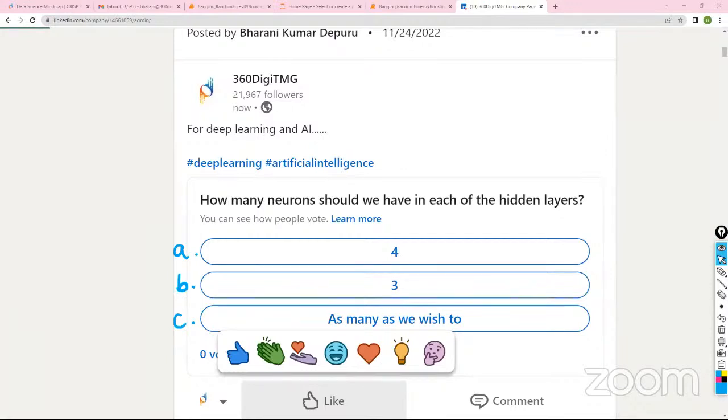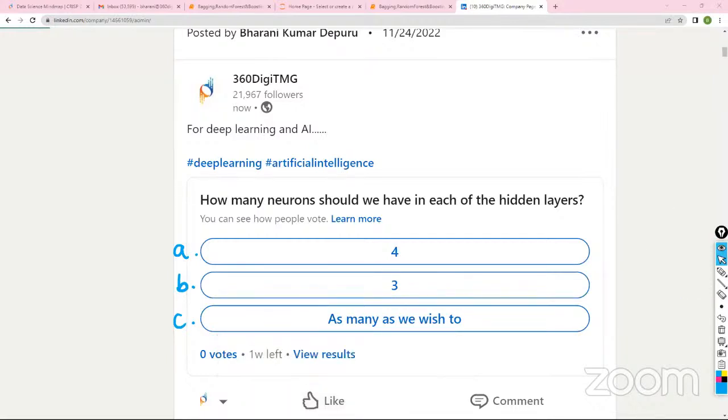Yes, wonderful. A few of y'all are getting it right, and the right answer happens to be C. The number of hidden layers and the number of neurons within the hidden layers can be as many as possible. So it is not just the number of hidden layers, but the number of neurons within the hidden layers that are also hyperparameters.